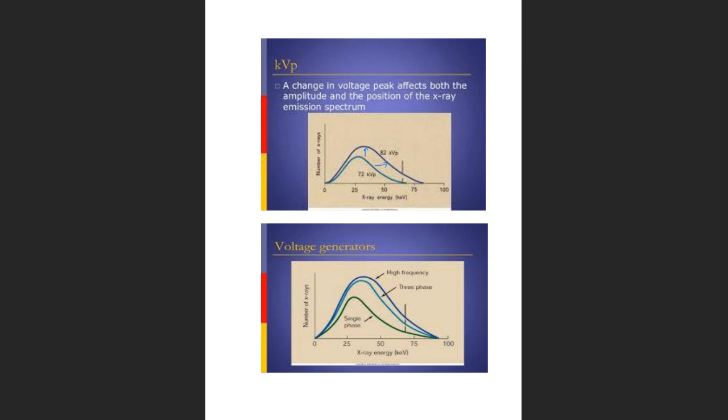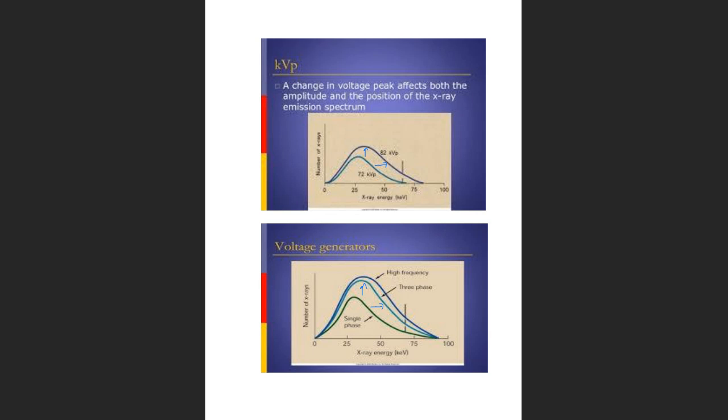So then we go up to a three phase, we increase amplitude, right? From single phase to three phase, we increase the amplitude, but we also got more higher energy X-rays. So that represented that shift to the right as well. So an increase in amplitude and a positional change, but not at peak energy.